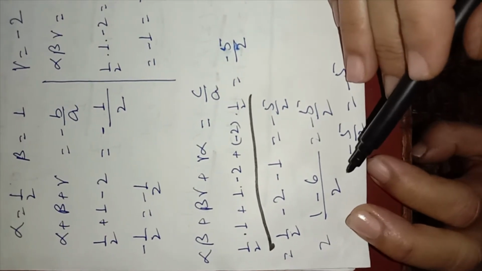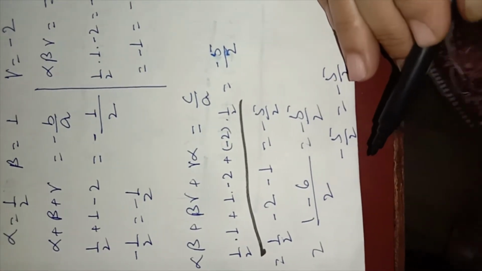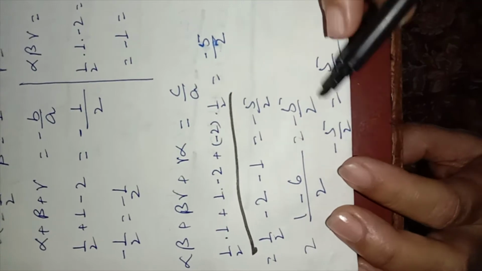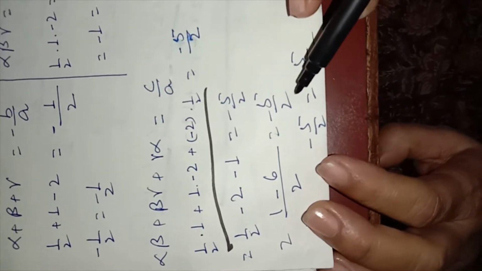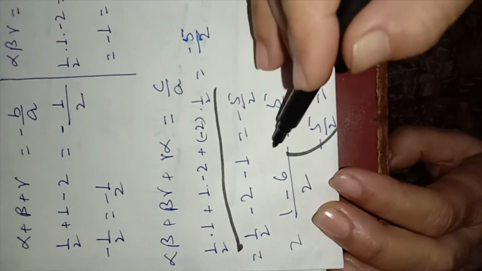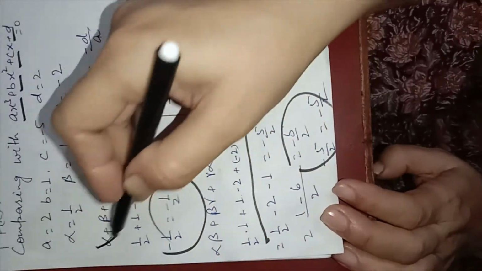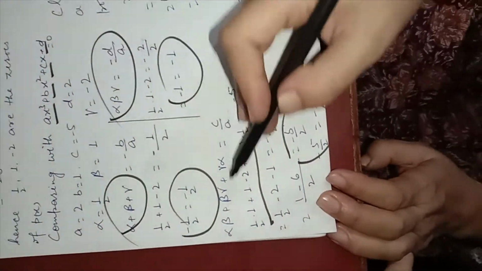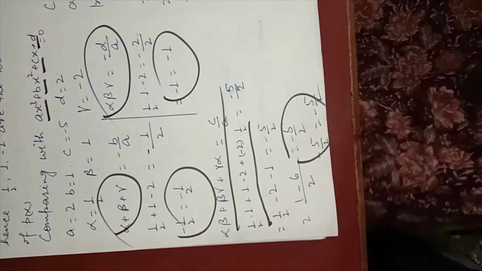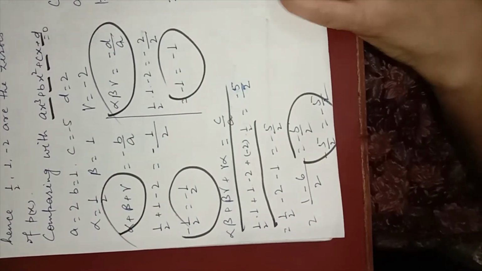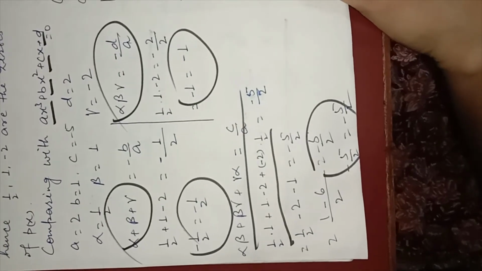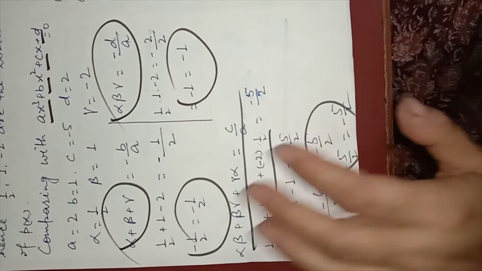Taking the LCM, we get (1 minus 6) by 2, that is minus 5 by 2, equals minus 5 by 2. In this way we verify the relationship between the zeros and the coefficients of the polynomial.